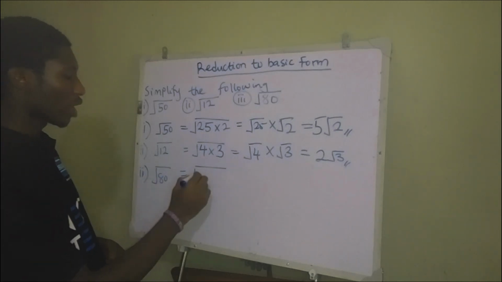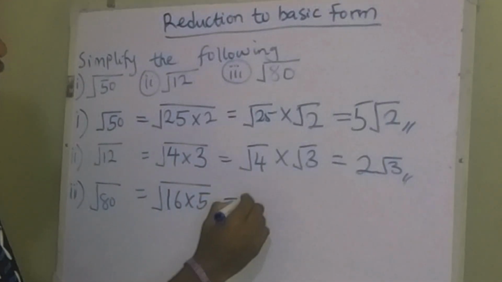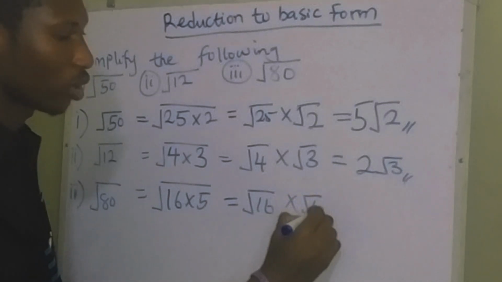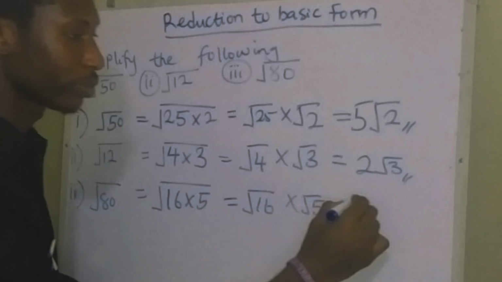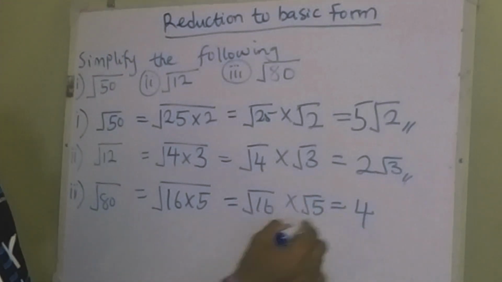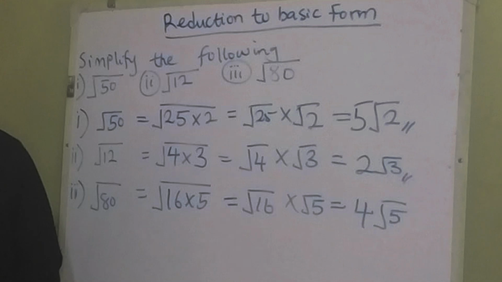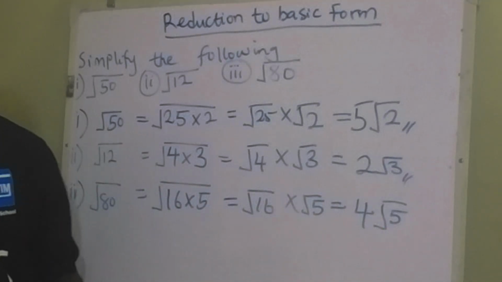So therefore, we can write this as 16 times 5, and we can say square root of 16 times square root of 5. Square root of 16 is 4, times square root of 5, so it will be 4 square root of 5. And this is the reduced form of square root of 80.